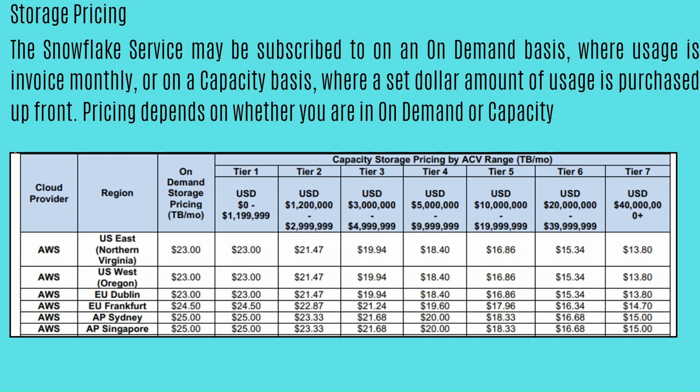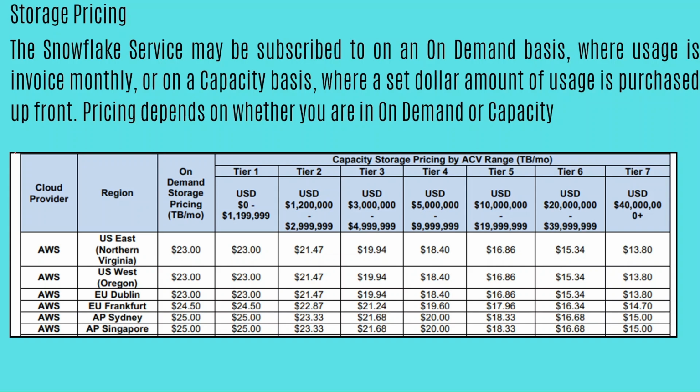Now, can you see tier 1, tier 2, tier 3, tier 4, 5, 6, 7? These are the different levels of a certain amount of commitment which we have made with Snowflake. Got it? If I commit to Snowflake, then in tier 1 and on-demand pricing are almost the same. You got it?